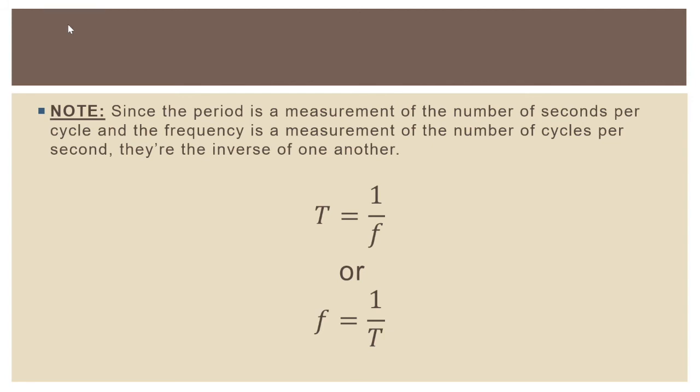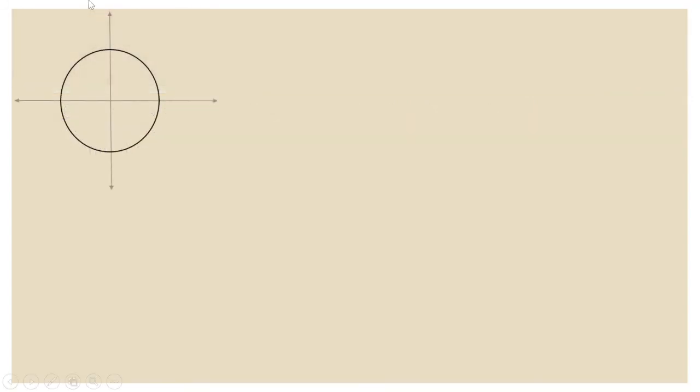That's the goal. So what we're going to do here is take a look at an object experiencing circular motion, and try to fit it into our picture of an object experiencing simple harmonic motion and see what we can get out of it.